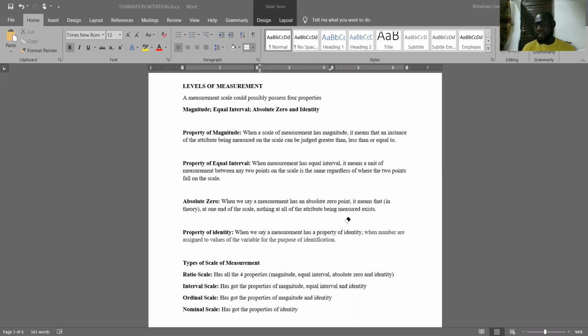It means at that point, there's no weight, or 0 kilometers. It means that at that point in time, the object is not moving, so it is stationary. So it means that that property has absolute 0.